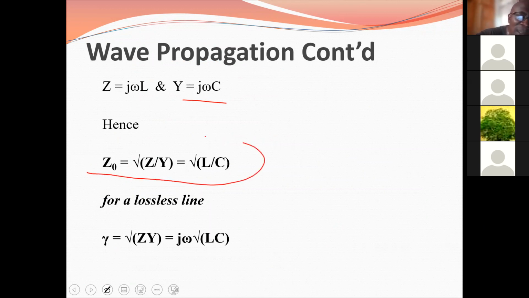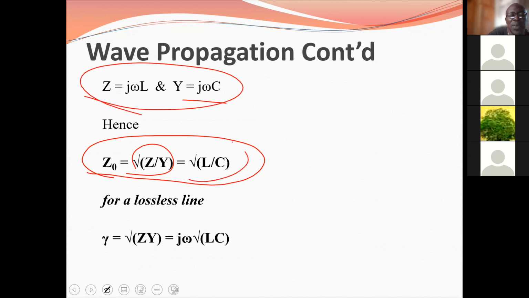So Z0, as we calculated earlier, is equal to the square root of Z over Y. If I divide these two, I'm going to get the square root of L over C, because the j omega will cancel. Because the line is lossless, the attenuation is 0.